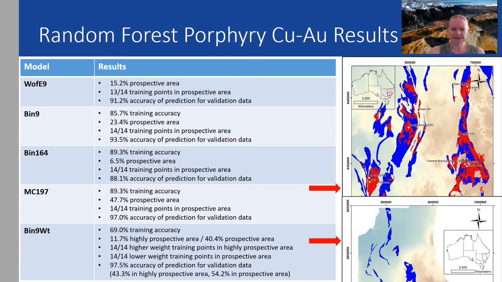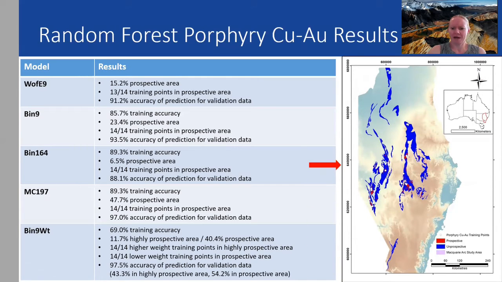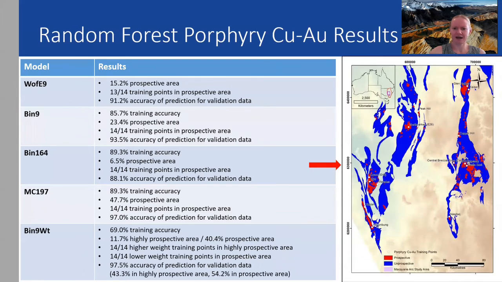The 164 map model, there's a lot less prospective area in this model, but it does find all 14 of our training points in the prospective area and has an 88% accuracy for the validation training points. And then again, zooming in, we can see Kaiser again coming up as being prospective, which is great.